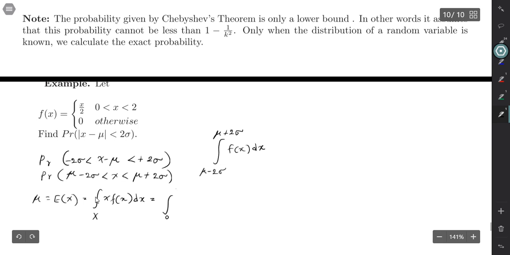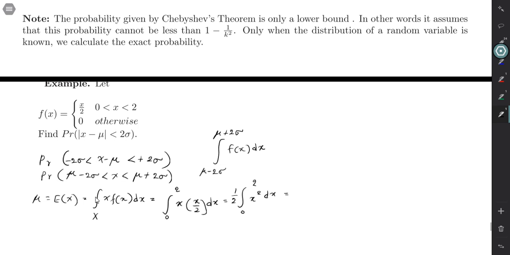The support is from 0 to 2: the integral from 0 to 2 of x times x over 2 dx, which is the integral of x squared dx over 2. You'll get x to the power 3 over 3, from 0 to 2.